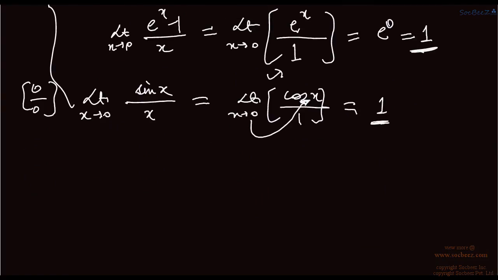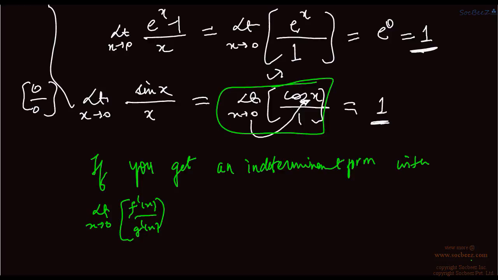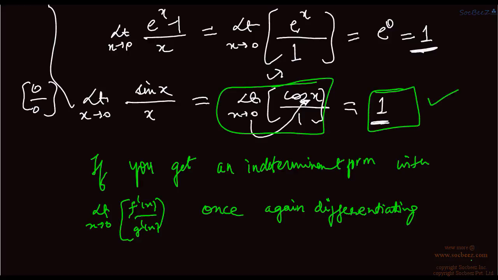One important condition for L'Hospital's rule is that if you get an indeterminate form with f dash x and g dash x, limit x tending to 0, if you get an indeterminate form in this also, then we'll once again differentiate it and keep differentiating until you get a constant limit.